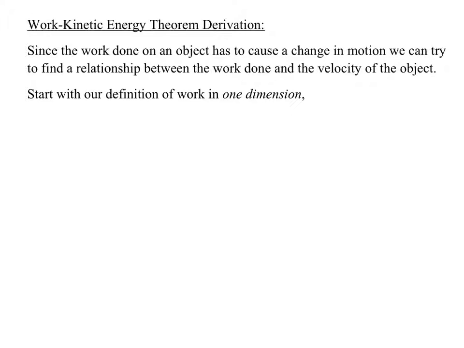So we're going to start with our definition of work, and I put in one dimension. The reason being, I'm going to assume for now that theta is 0 degrees. So our definition of work is simply work equals FD cosine theta. If I'm only looking at work in one dimension, meaning it's only moving horizontally, theta is 0. What's the cosine of 0? 1.